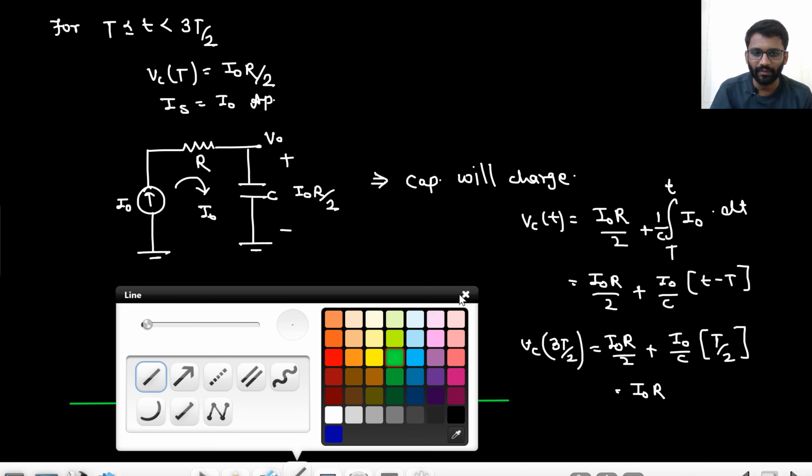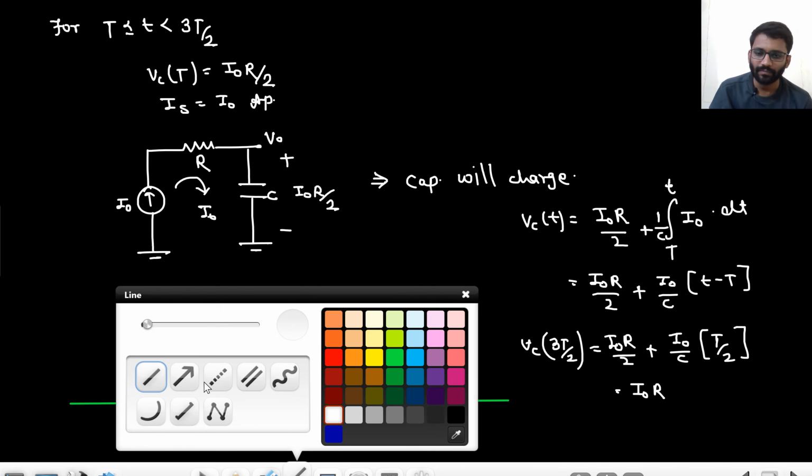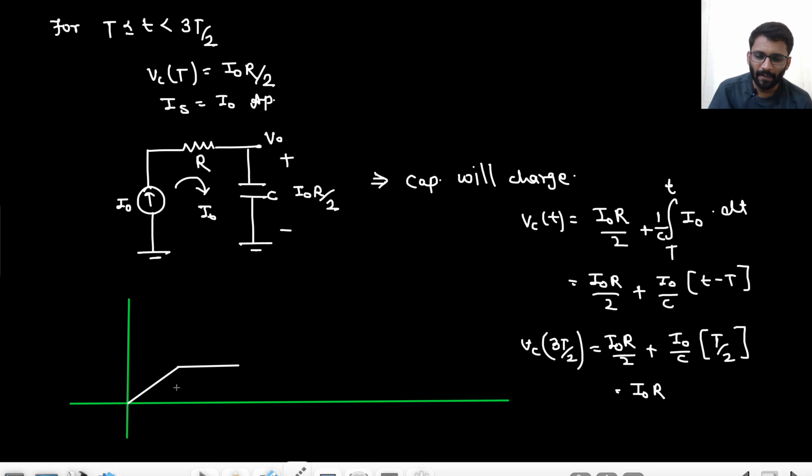So let's make the complete waveform. Initially from 0 to T by 2, it is developing I naught R by 2 voltage, right? This is VC.